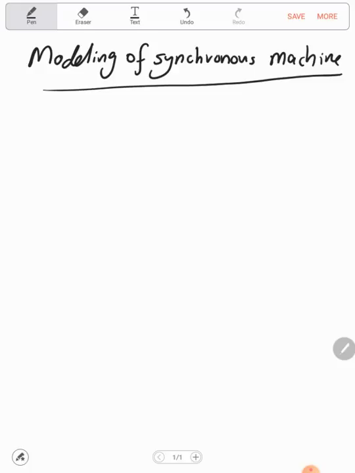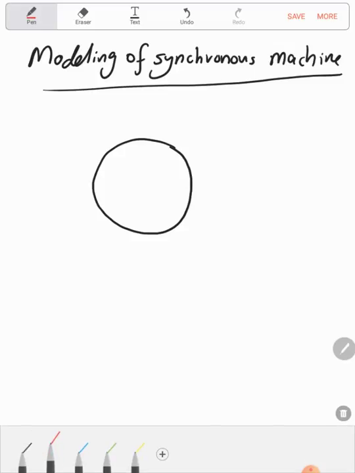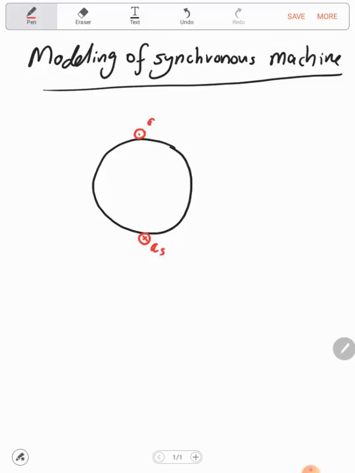Let's assume that we're having a three-phase synchronous machine, and let's assume this is the phase A, the start and the end of the phase A. Here the current is out, here the current is in, so this will be AS dash. So this will be the axis of the AS.